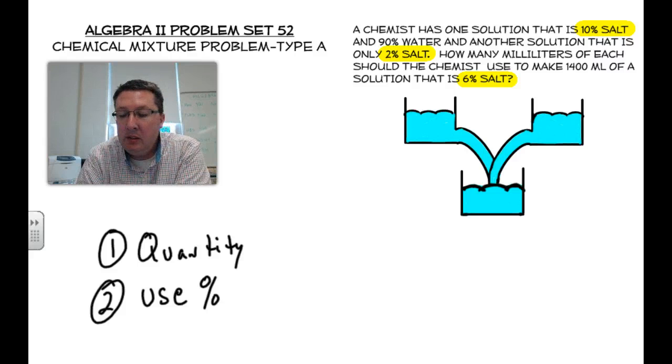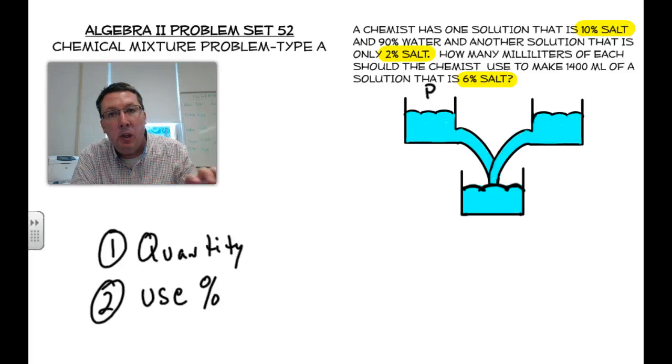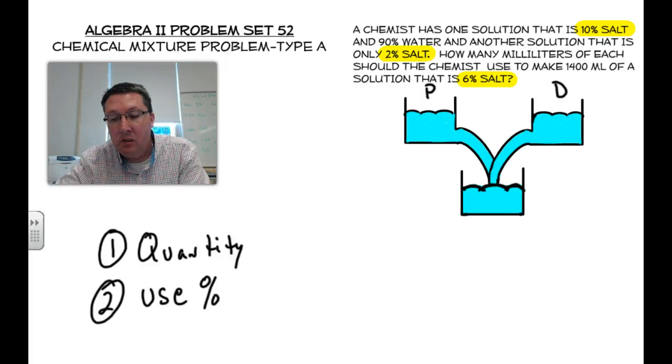Okay? Now the way this is going to work, we're going to have two containers. Your book refers to one container as the pouring, so we have some that we're going to pour in, and then another is the dumping. So we're going to dump some solution in, and then the mixture, I just call this the total mixture.